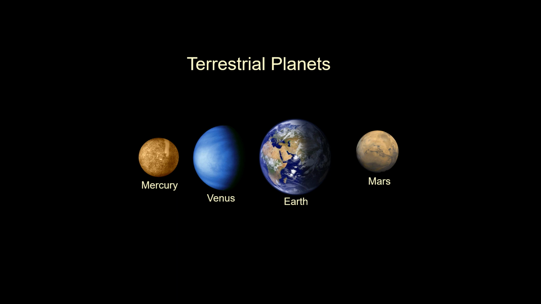They're also hard in their composition, and I'll talk about how that's different from some of the outer planets in just a moment. They also tend to have a slower rotation than some of the planets located a little bit farther away. So again, more spherical in shape with hard materials that make them up, and typically slower rotations.